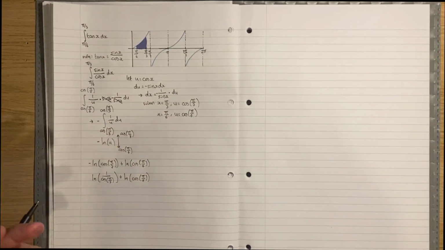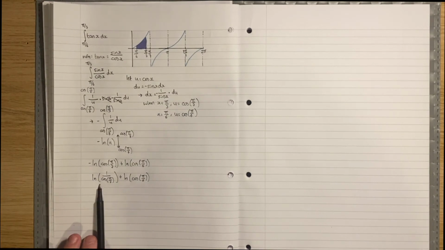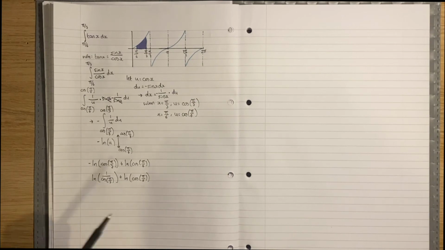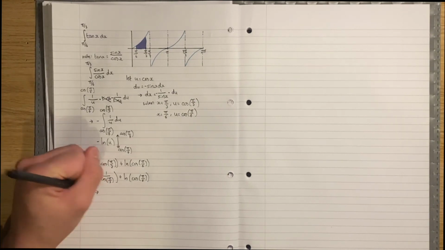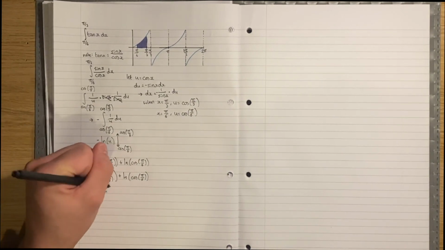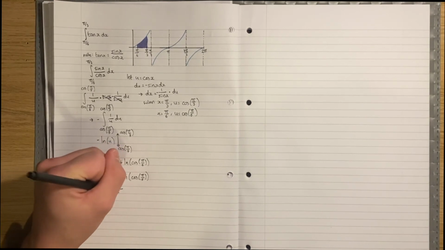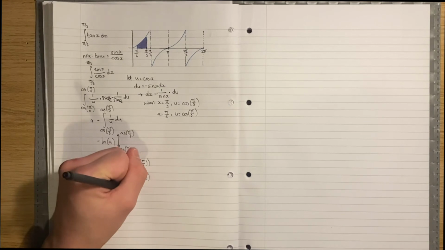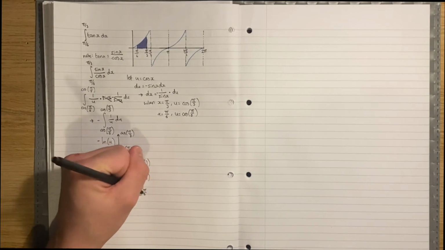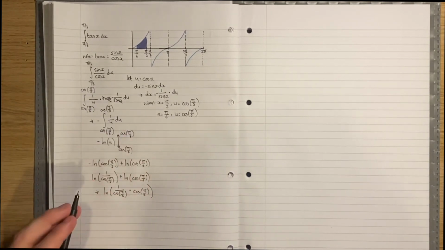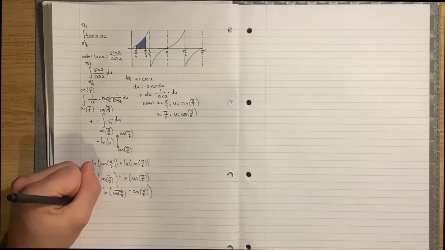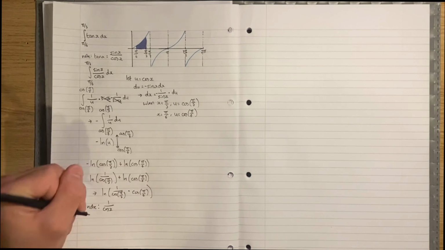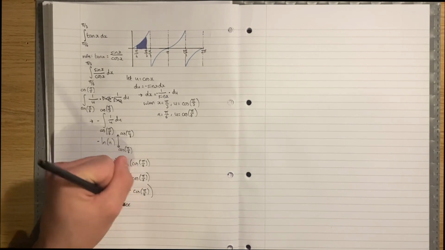But then another log law, if you have one logarithm added to another logarithm of the same base, it's the same as multiplying the two insides inside one natural logarithm. So we can write the natural log of 1 over cosine of pi over 3 multiplied by cosine of pi over 6. Now we know that 1 over cosine of x is equal to secant of x.